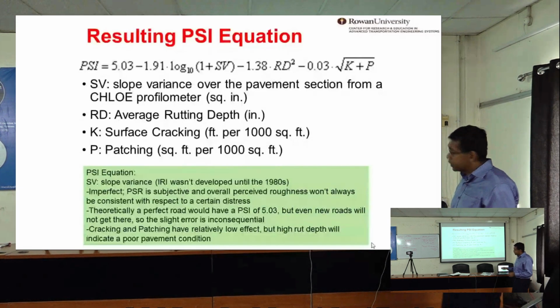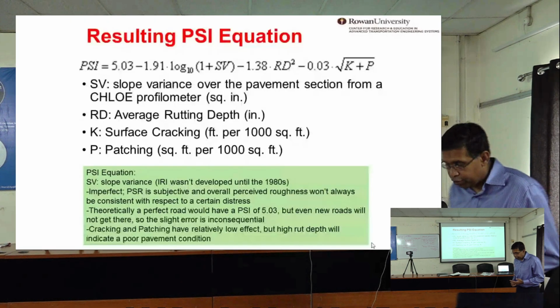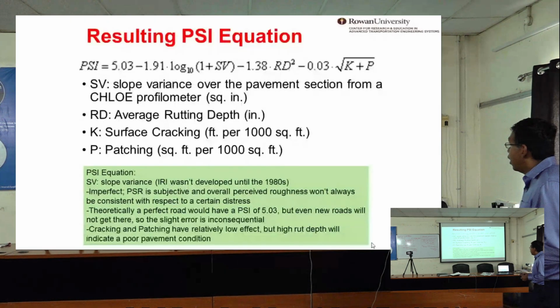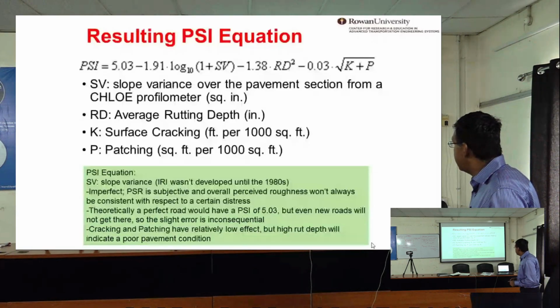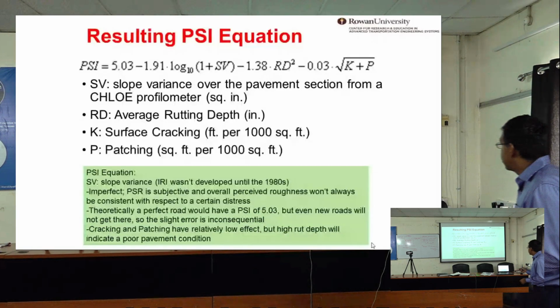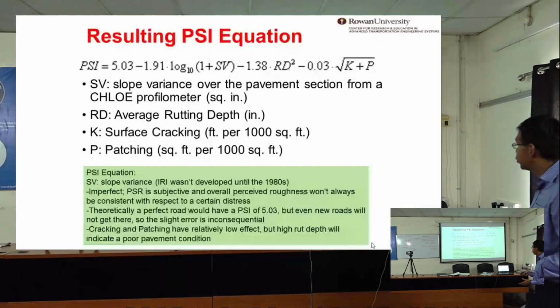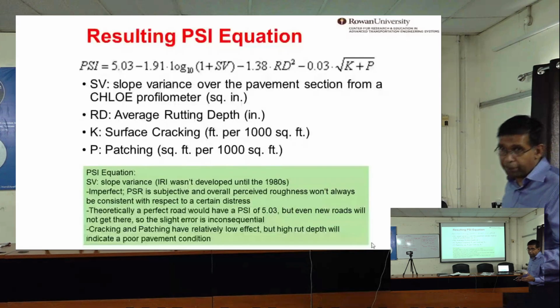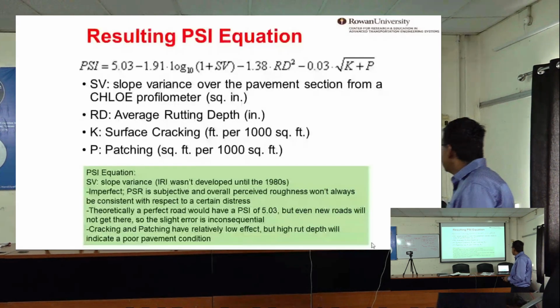Slope variance was used as before, as IRI wasn't developed until the 1980s. This was better than the PSR, which is subjective, right? And theoretically, a perfect road would have a PSI of 5.03 in this case. But even new roads will not be perfect.